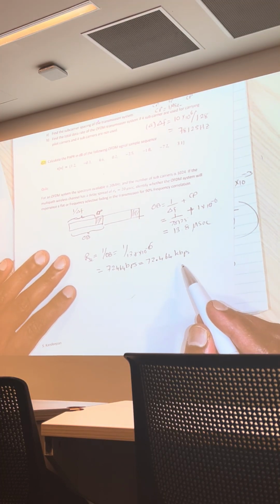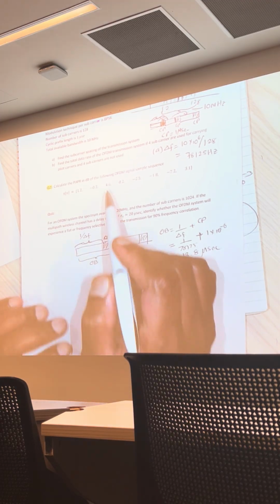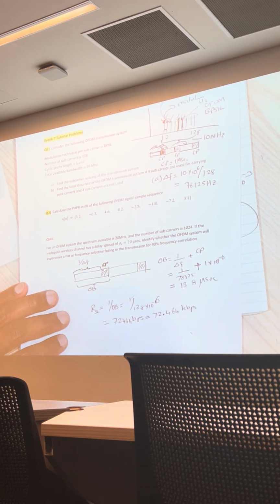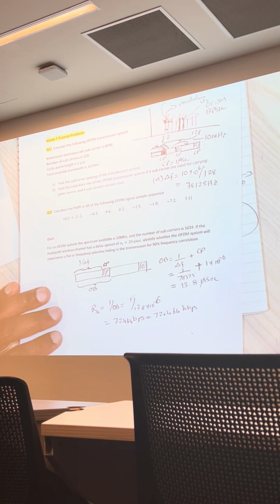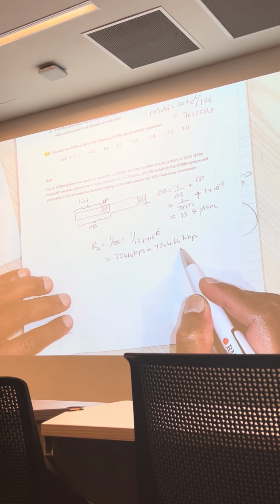Now this is the symbol rate, right? Because it's 1 over the symbol duration. But your modulation technique is BPSK, which means that you're only transmitting 1 bit per symbol, right? So your symbol rate becomes your data rate as well.